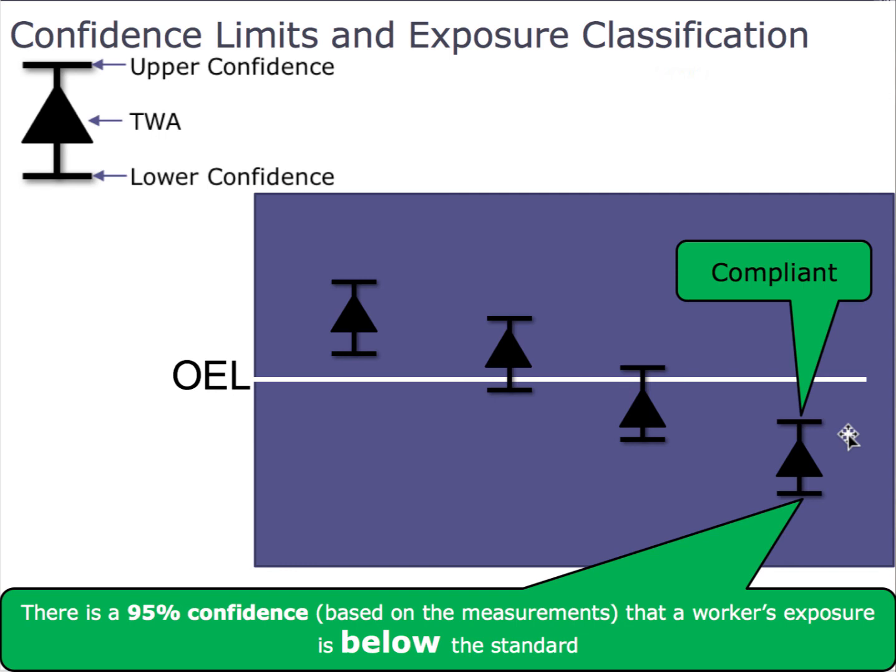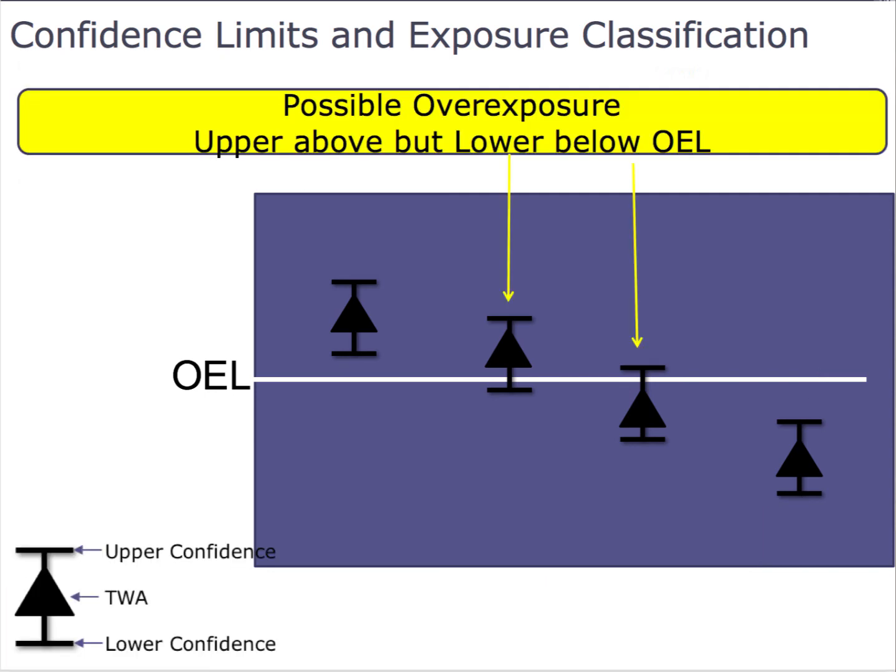And again, these are the two that are more difficult to interpret. Because in this scenario, your time-weighted average would be above your OEL, but because your lower confidence limit is below the OEL, you really aren't certain if somebody's overexposed or not.